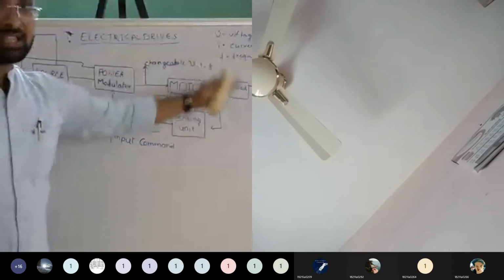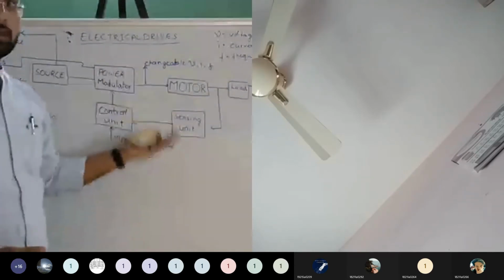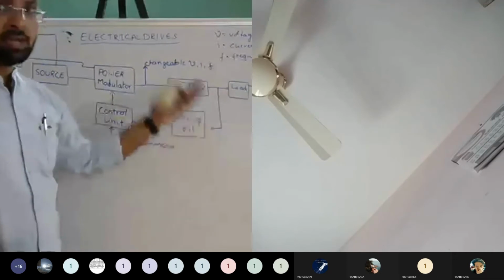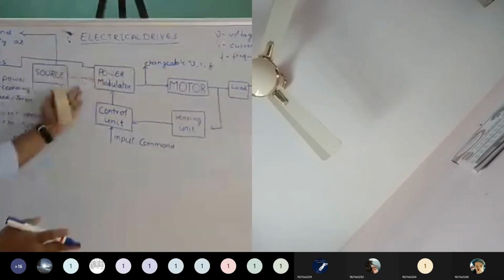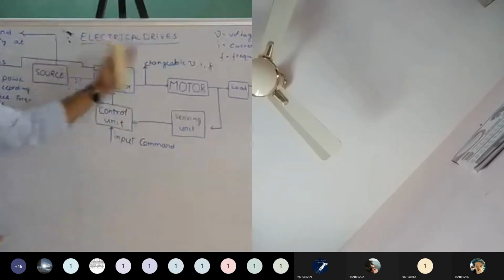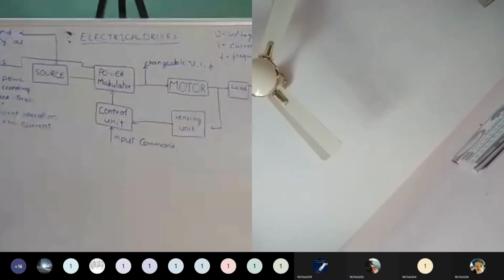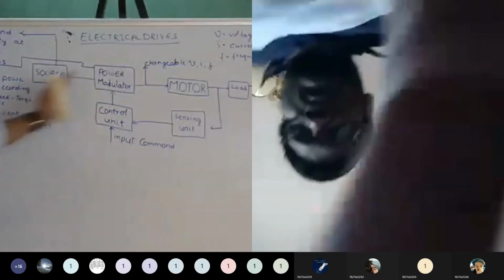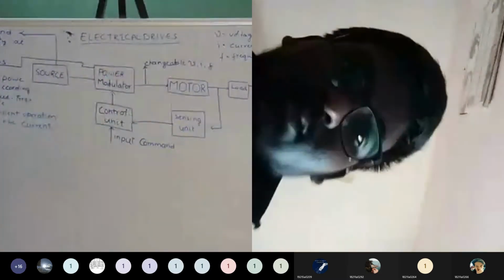If the source supplies that much current and our motor ratings are less, the motor will be damaged. To prevent that damage, in any transient and irregular operations, it will control the current flowing from the source to the motor. So here we provide some safety. In transient operation, it will control the input current.